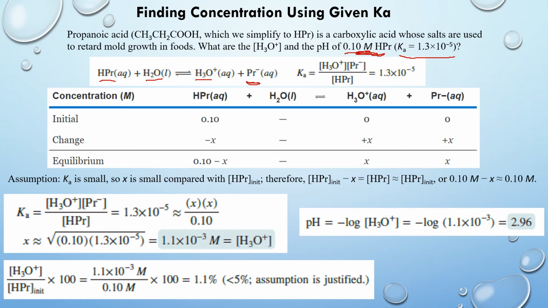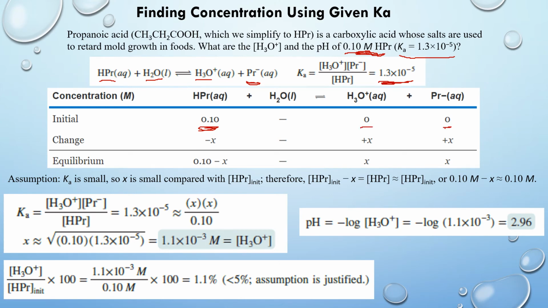Ka is equal to the proton concentration times the concentration of the conjugate base divided by the concentration of the acid, all at equilibrium. Because the Ka is given, we can set this concentration term equal to the Ka value. Next, let's work on the ICE table. We know the initial concentration of the acid. The product concentration is 0.